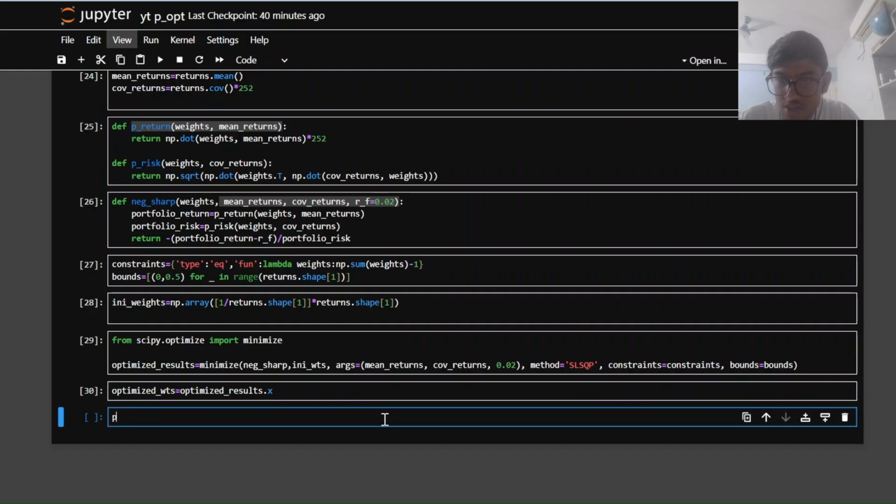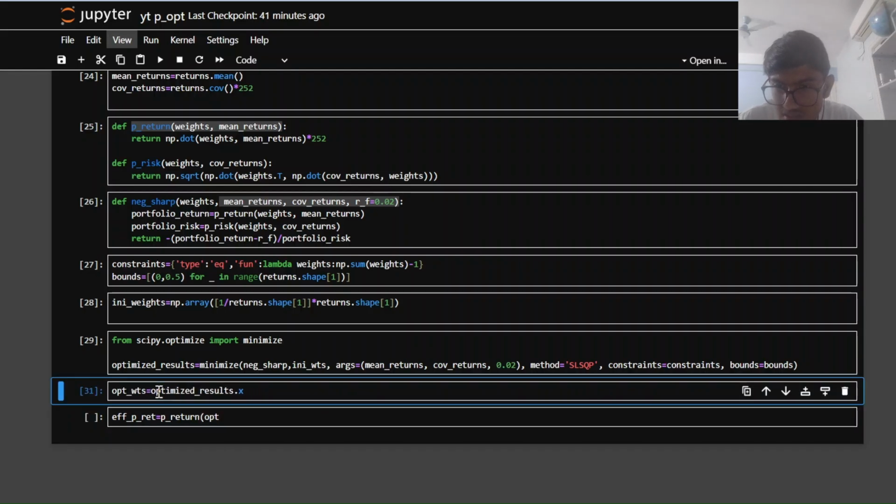Okay, first let's compute our efficient portfolio return, which is P return. We get our optimized weights. Let's rename this to be opt weights, right?